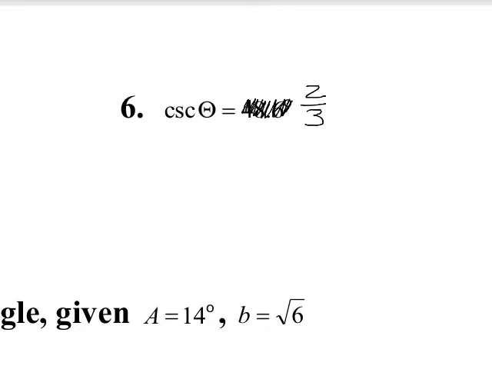an inverse cosecant, but I can't. So what I need to do is rewrite it so it says sine, cosine, or probably sine, cosine, or tangent. Well, cosecant is the same thing as 1 over sine.